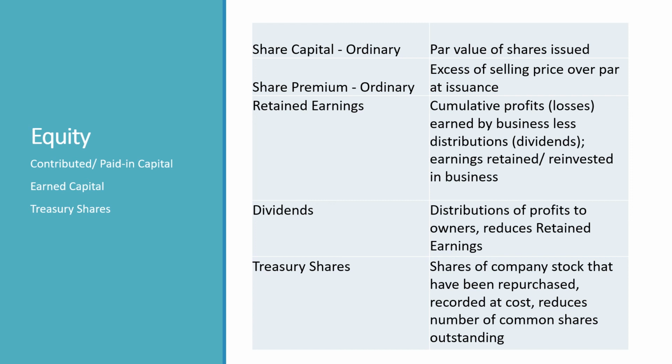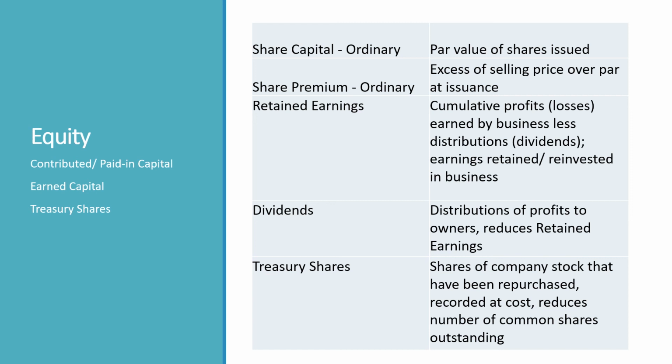If a company has a second class of stock, preference shares, we would have a share capital preference, and a share premium preference set of accounts as well. So those accounts are part of contributed or paid in capital, which reports proceeds from the sale of stock. The other type of capital we have is earned capital or retained earnings.